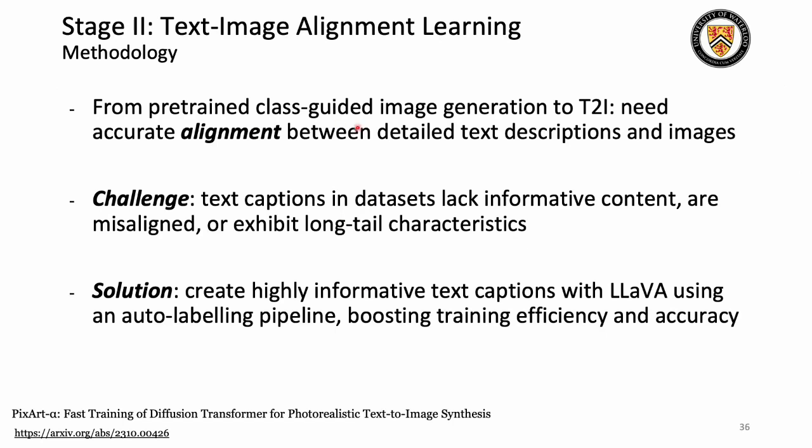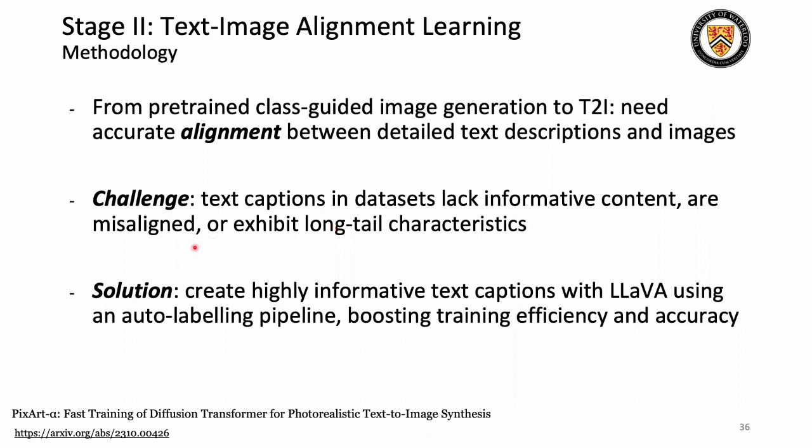So stage 2 is centered on enhancing text-image alignment learning. The shift from pre-trained class-guided image generation to this text-to-image generation calls for accurate alignment between detailed text descriptions and generated images. So a significant challenge in this stage arises from the text captions in the datasets, which often lack informative content, are misaligned with their corresponding images, or present a long-tail distribution that makes learning from them difficult.